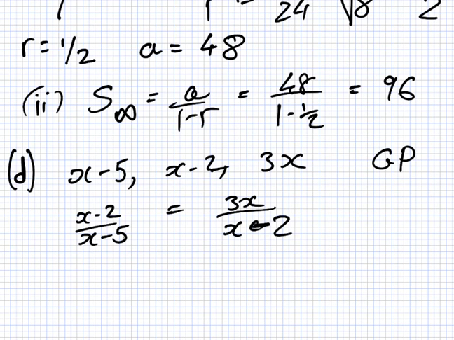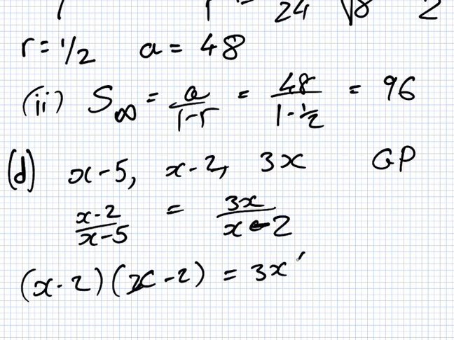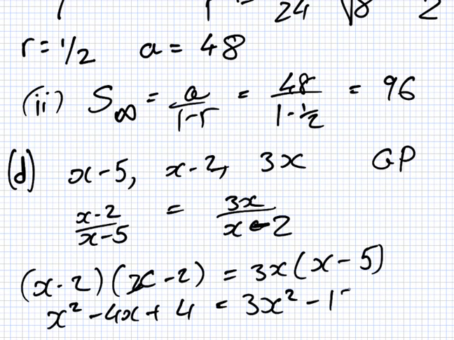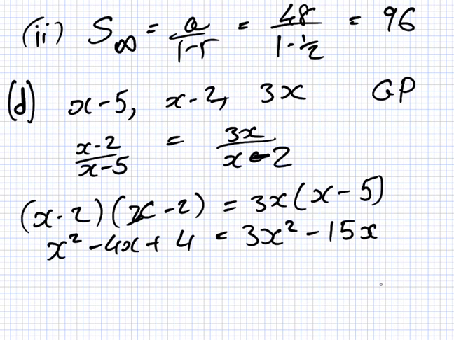I mean, that was nearly the first lesson we did in maths class. x minus 2 times x minus 2 equals 3x times x minus 5. So here we get x squared minus 4x plus 4 equals 3x squared minus 15x. Taking the x's to one side, we get 2x squared minus 11x minus 4 equals 0.